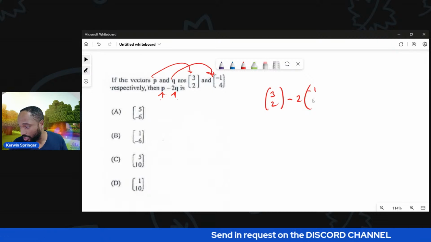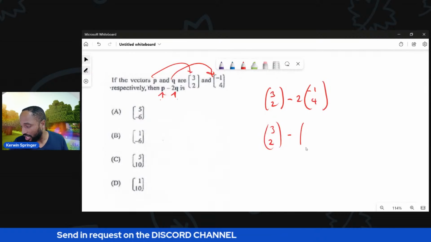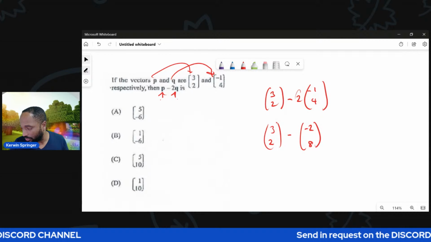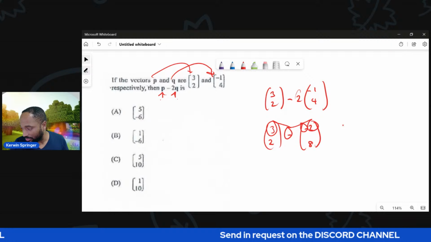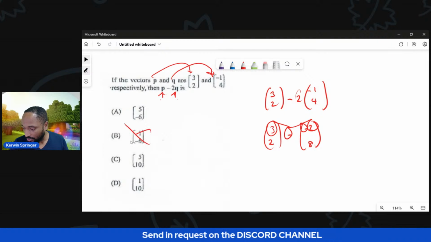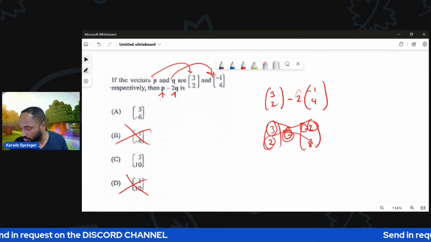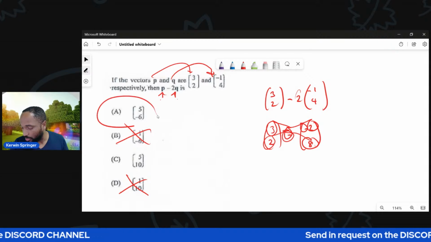And in this exam, you're trying to get total marks because they know the competition is going to be stiff. So let me be careful there and do the 2 by negative 1 and negative 2. 2 by 4 is 8. So I really want 3 minus negative 2. That is 5. So which one do you think it is? And then 2 minus 8. 2 minus 8 is negative 6. A is the answer.